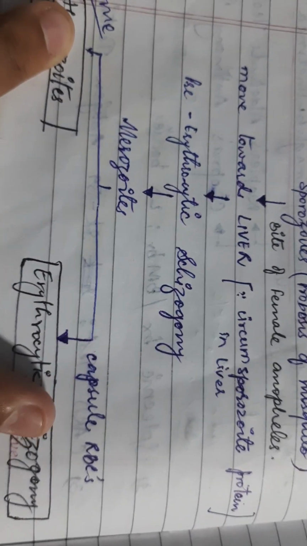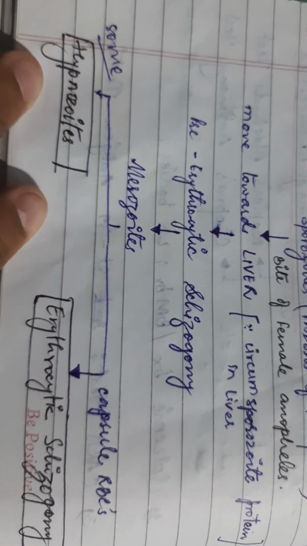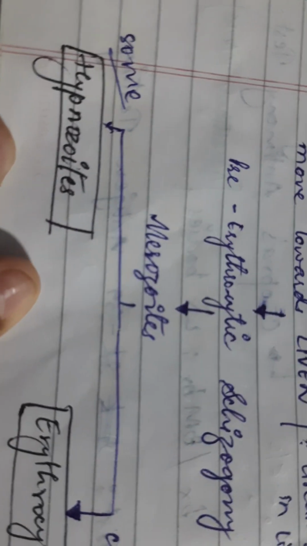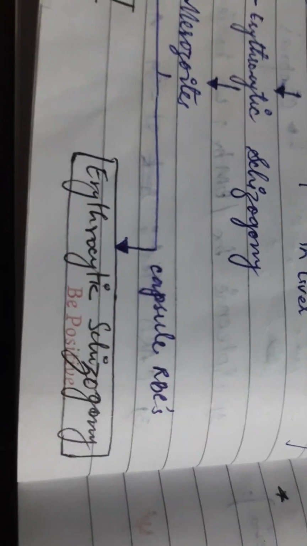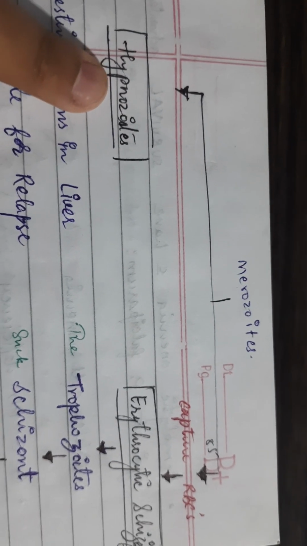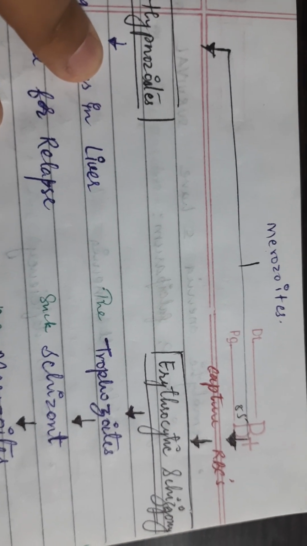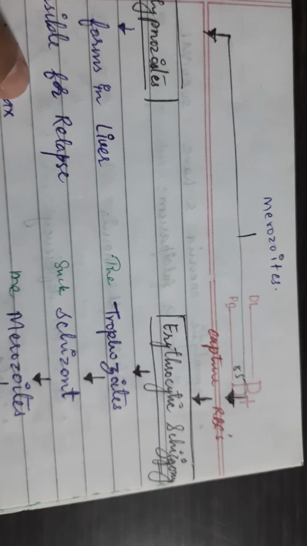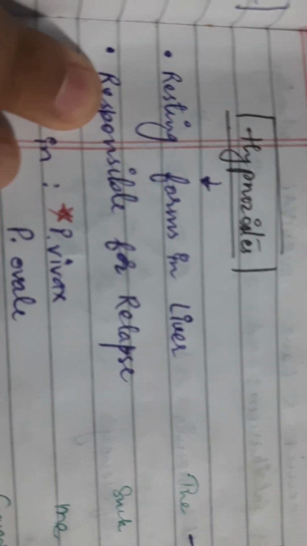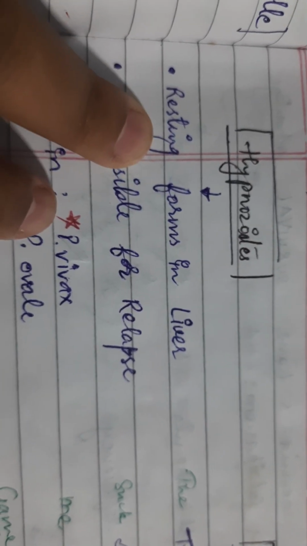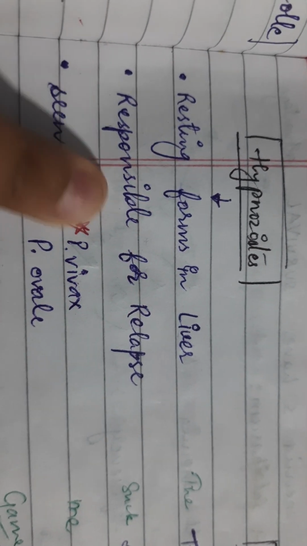It will divide into two forms: some hypnozoites and some merozoites captured by RBCs, which is erythrocytic schizogony. Hypnozoites are not captured by RBCs; they are resting forms in the liver, responsible for relapse.